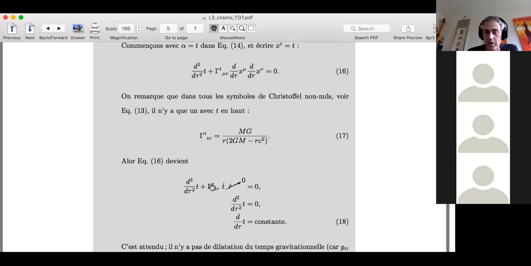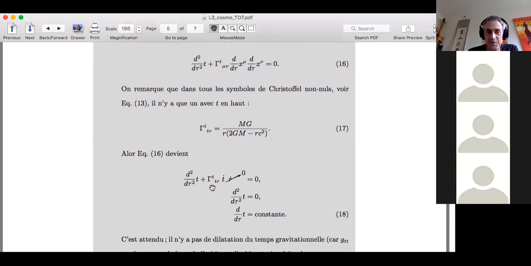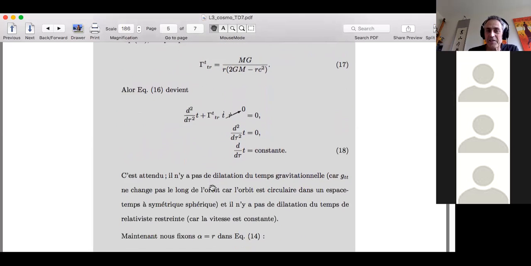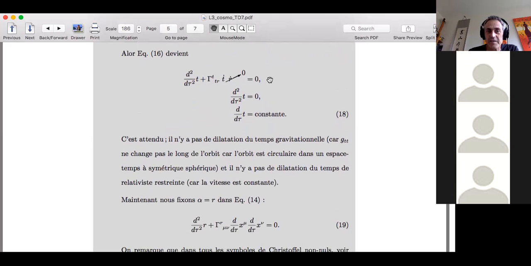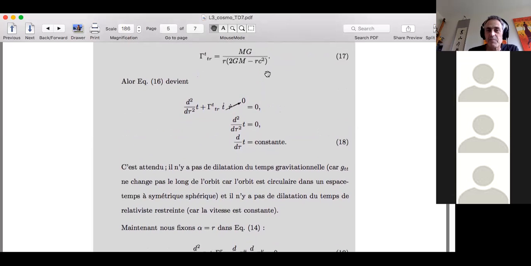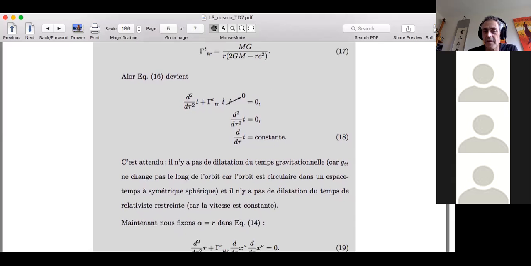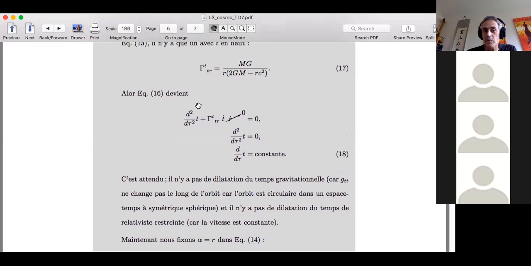So there's an error. I just found an error in my solution, which is embarrassing. Can someone tell me what the error is in this equation? So it's this equation here that is wrong. Exactly. Very good, Milo.